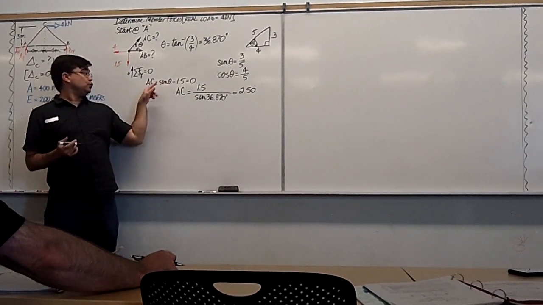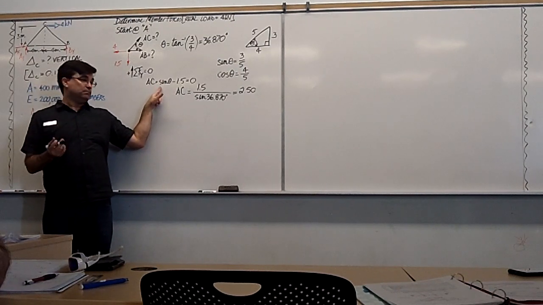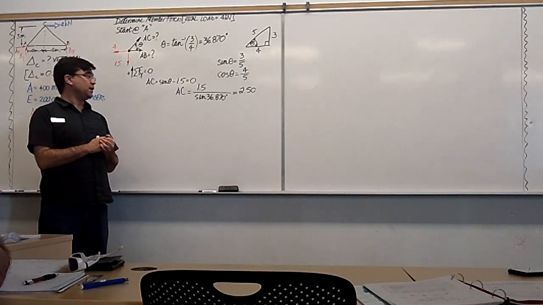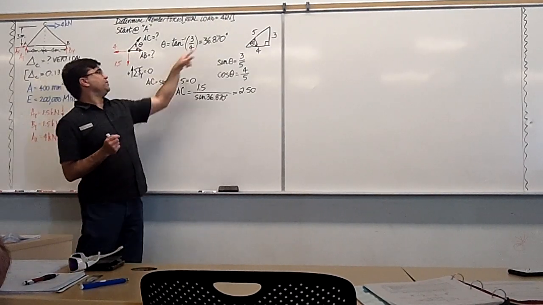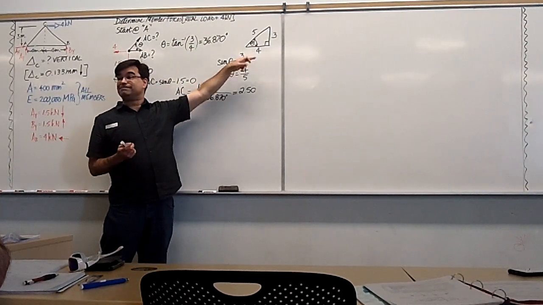So another way to do this is to use the sides of the triangle; it turns out exactly the same way. Sine of theta is sine of this angle, but it's also 3 divided by 5, right?